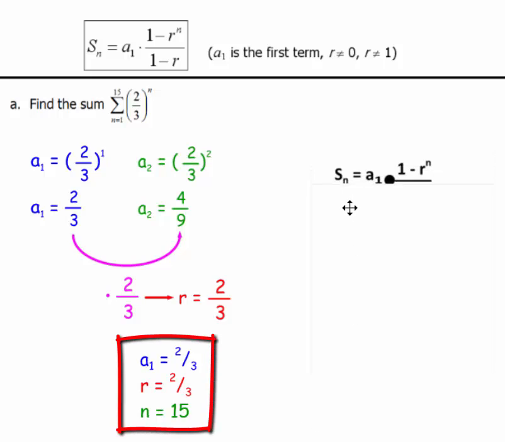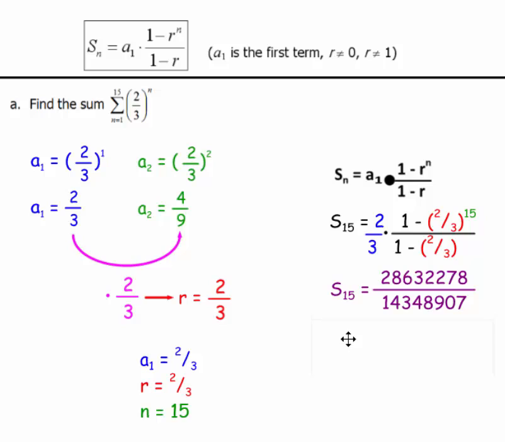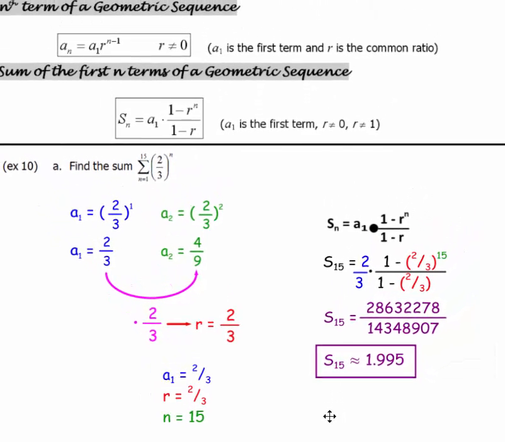We're going to use our sum formula again and plug everything in. Now it's a question of simplifying. If you really want to go wild, you can write it as a fraction. Otherwise, chances are you'll write it as a decimal approximation.